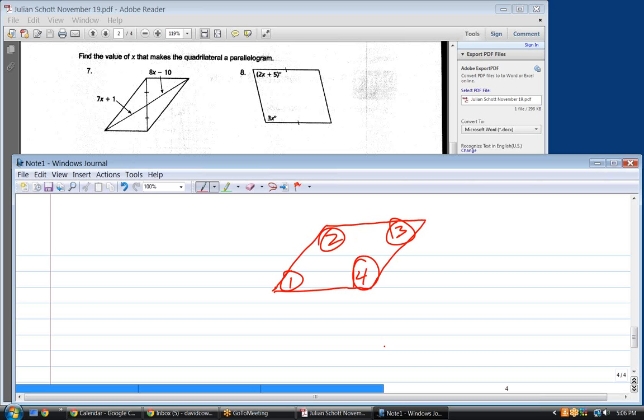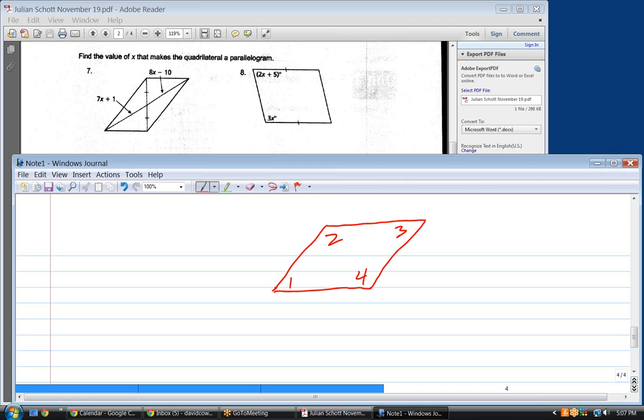And even if I make my parallelogram a rectangle, that's true. But if 1 is equal to 3 and 2 is equal to 4 and all four of them add up to 360, then what must be true about 1 combined with 2? What would they add up to? 180.